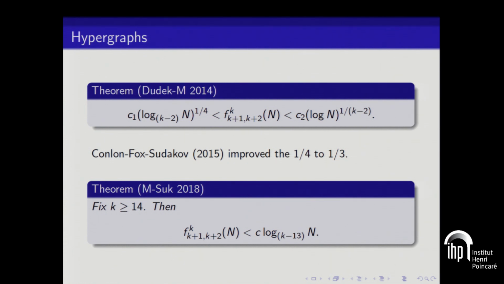So again, let me make sure everybody follows the parameters. What is the meaning of the statement that Suk and I proved? The meaning of the statement is we gave a construction. What was the construction? It had capital N points. It is k-uniform. It had no clique of size k plus 2. So it did not contain a clique of size k plus 2.